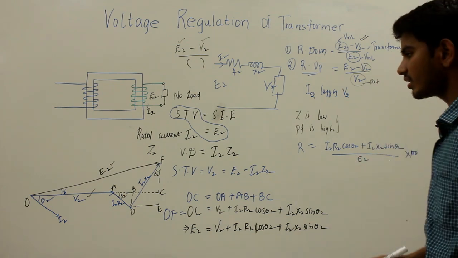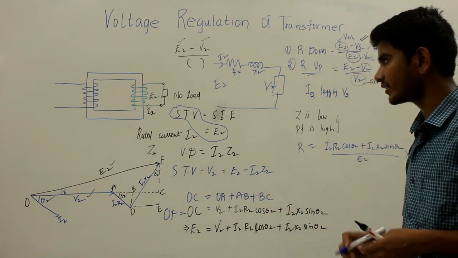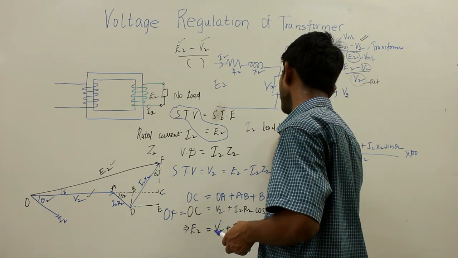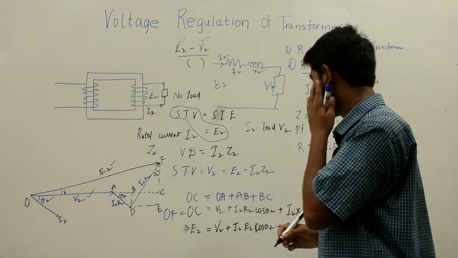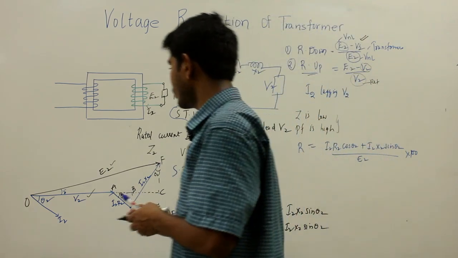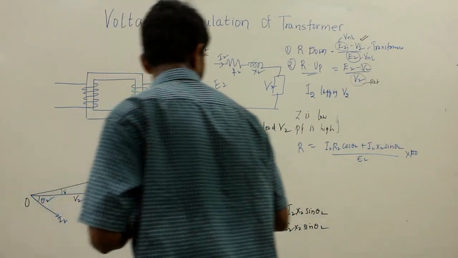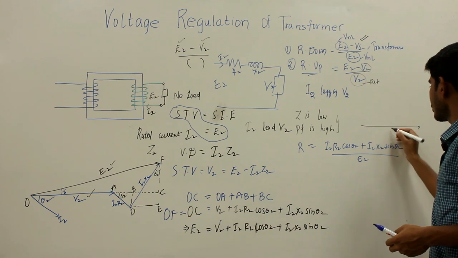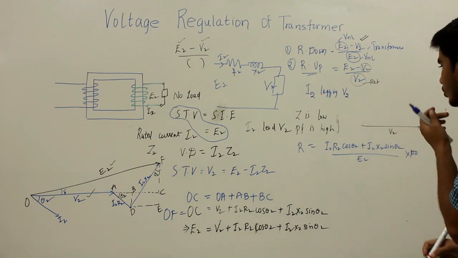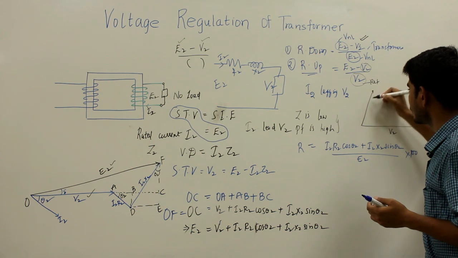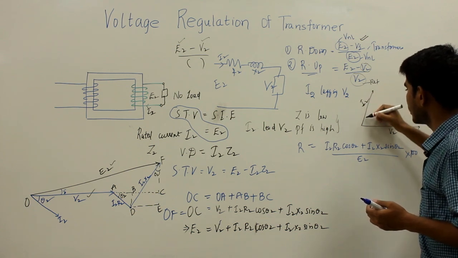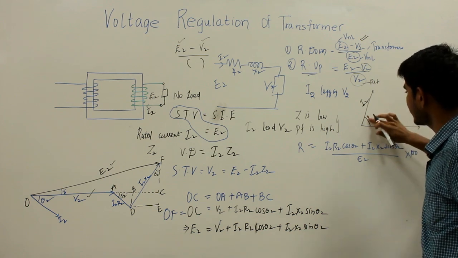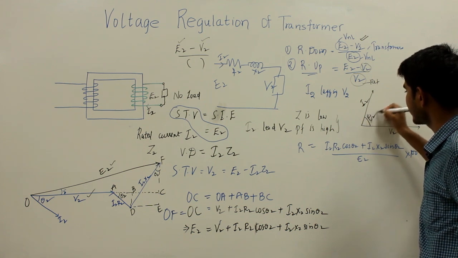So similarly, let us consider the leading power factor, that means your I2 is leading your V2. That means the secondary current is leading the secondary terminal full load voltage. So let me draw the phasor. This is your V2, the secondary terminal voltage, and this will be your I2, and let us say the angle is theta 2 again.